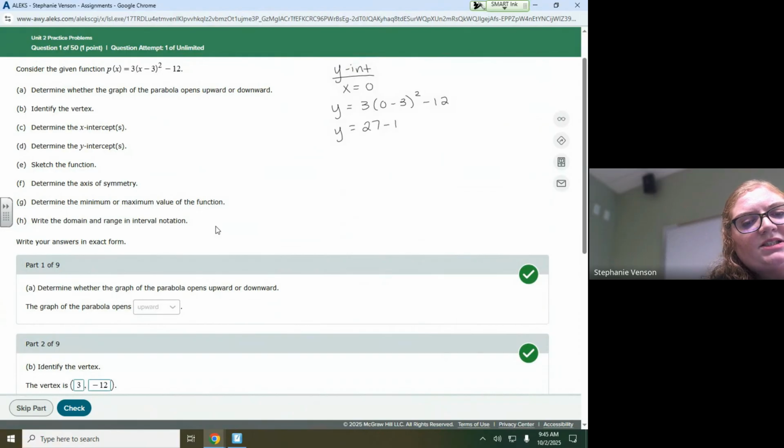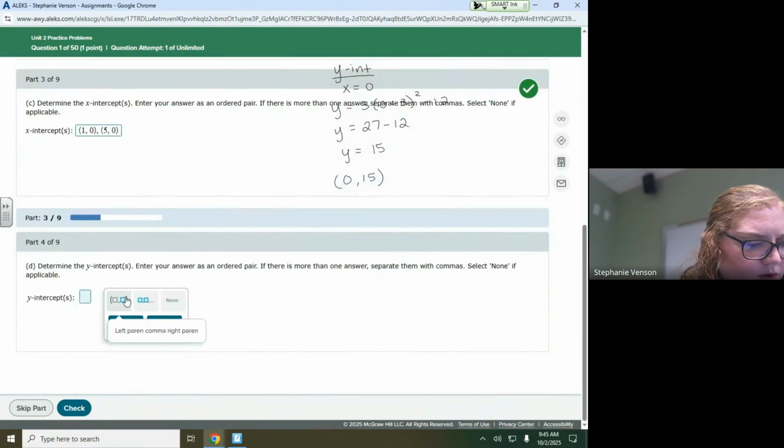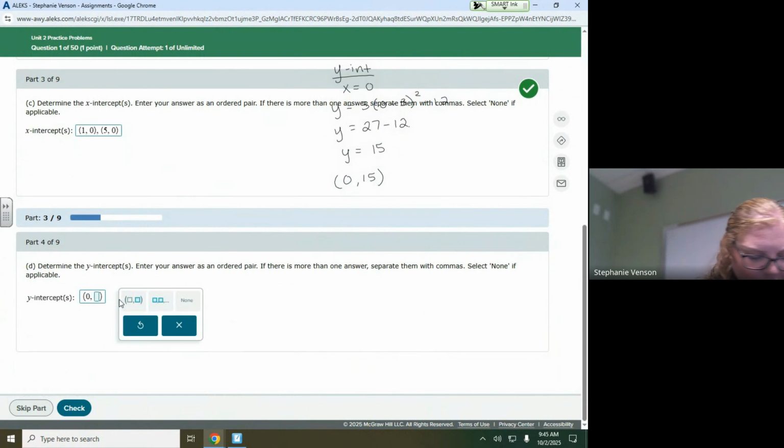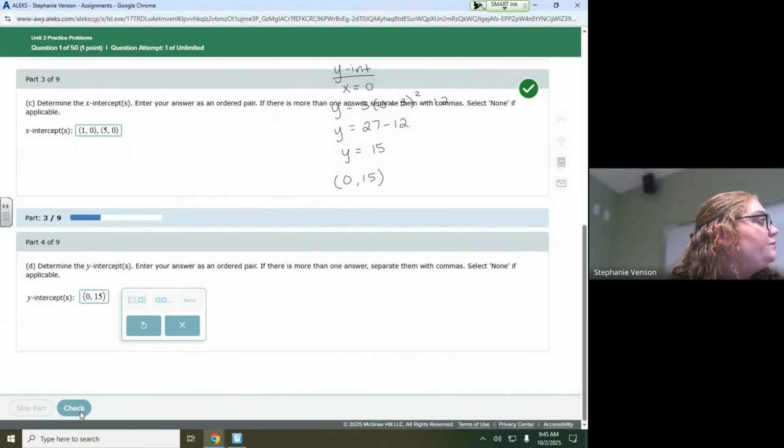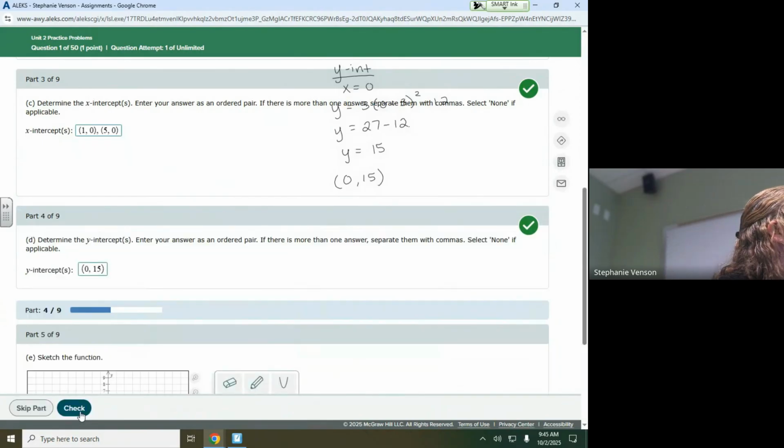So that's 27 minus 12, which is 15. So probably a coordinate point again, I would imagine. So (0, 15). But let's go see how they want it. Yep, enter your answer as an ordered pair. Okay, that means coordinate point. Okay, all good with that?